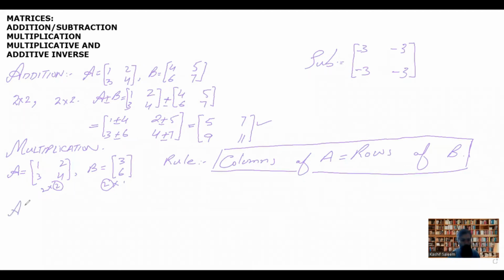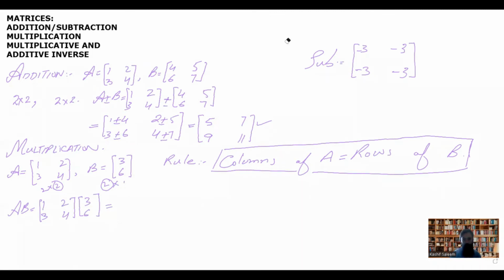Now, how will you multiply these matrices? We have 1, 2, 3, 4, and this is matrix 3 and 6. To multiply, you have to take the first row with the first column.